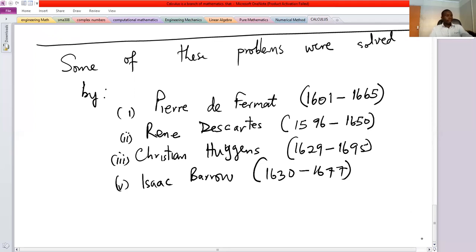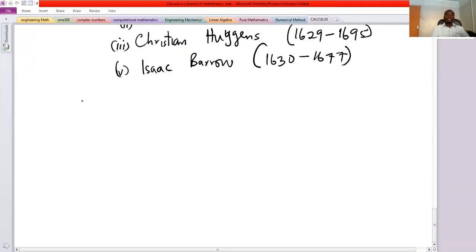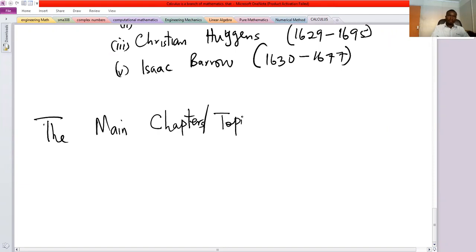Now there are 10 main chapters in the study of calculus. The main chapters or topics in the study of calculus: one, we have functions.